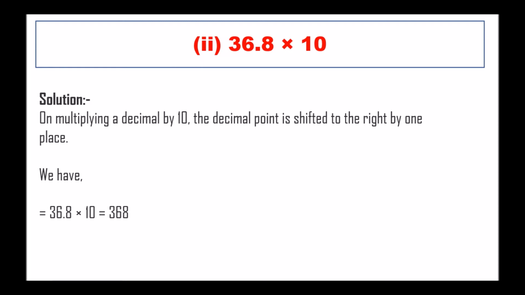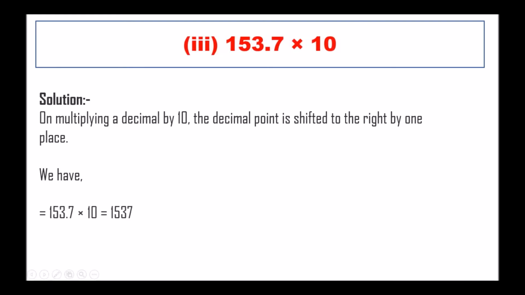36.8 into 10. Now 36.8, if we remove the decimal, it will become 368 upon 10. 10 will cut, so it will become 368. 153.7 into 10.